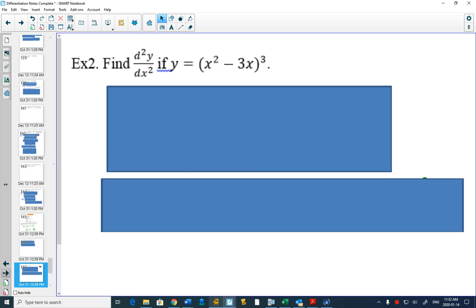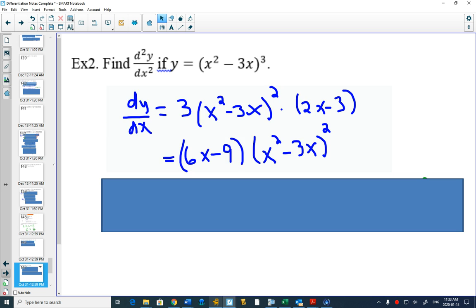Sometimes when we have to do the second derivative, our first derivative complicates our second derivative. It is a chain rule. Good observation. So you do your chain rule, and then you may take some time to simplify it just because it might make things easier moving forward.